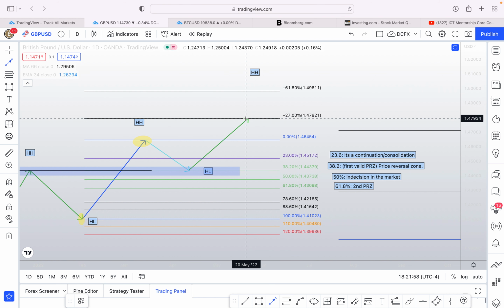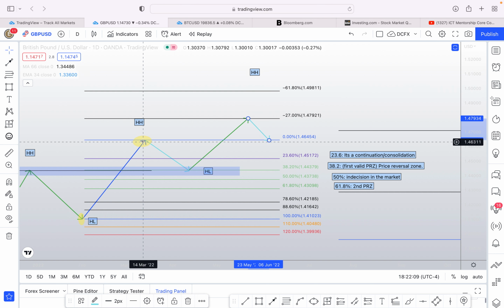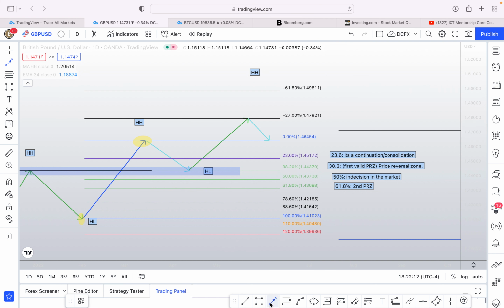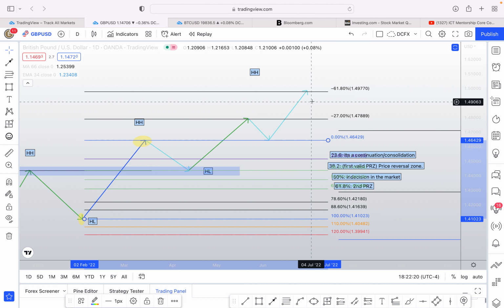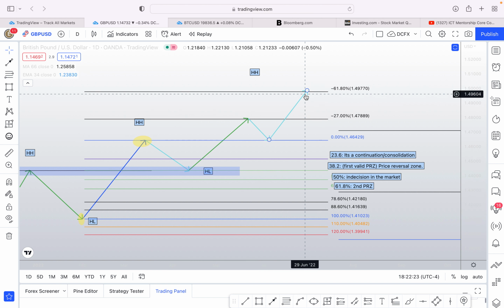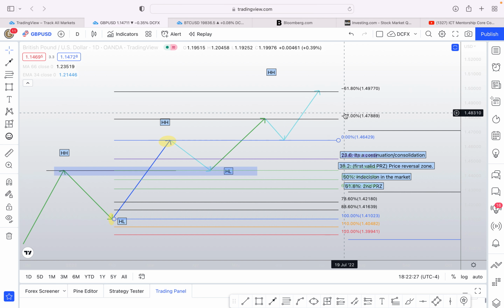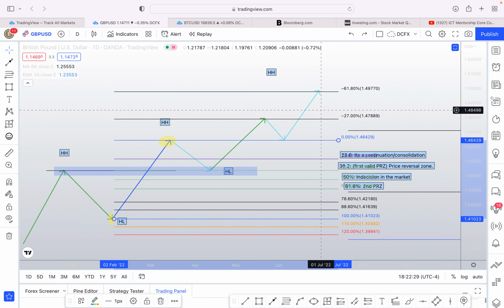Well, I don't say normally, but sometimes it can, because I don't want to set you up like, oh, he said it will come to negative 27, then it'll come back down to the 0%, which is the previous higher high, and then from there it'll take off to hit the next projection. Right, something like that. So this can be your second level, your second take profit zone. Okay. All right.